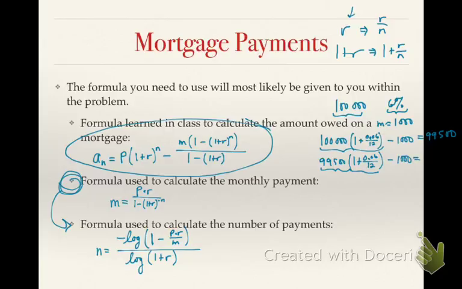So it's times 1 plus 0.06 divided by 12 minus the 1,000, which gives me a balance now of $98,997.50. And I just keep this process going until I get to the number of payments that I want to find out, that I'm given.